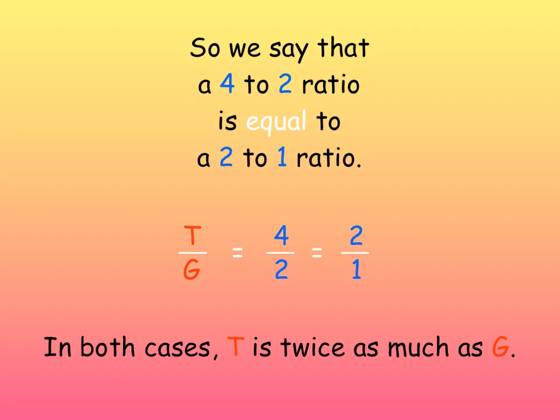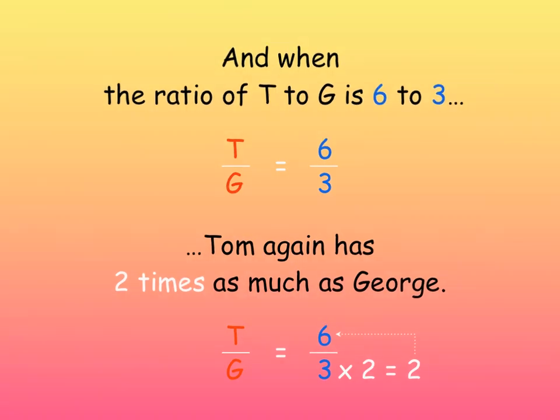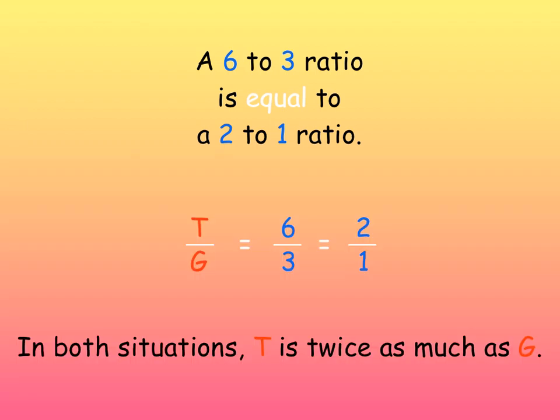It's basically the same idea, the same ratio. In both cases, T is twice as much as G. And when the ratio is 6 to 3, Tom again has 2 times as much as George. The 6 to 3 ratio is equal to a 2 to 1 ratio. In both situations, T is twice as much as G.